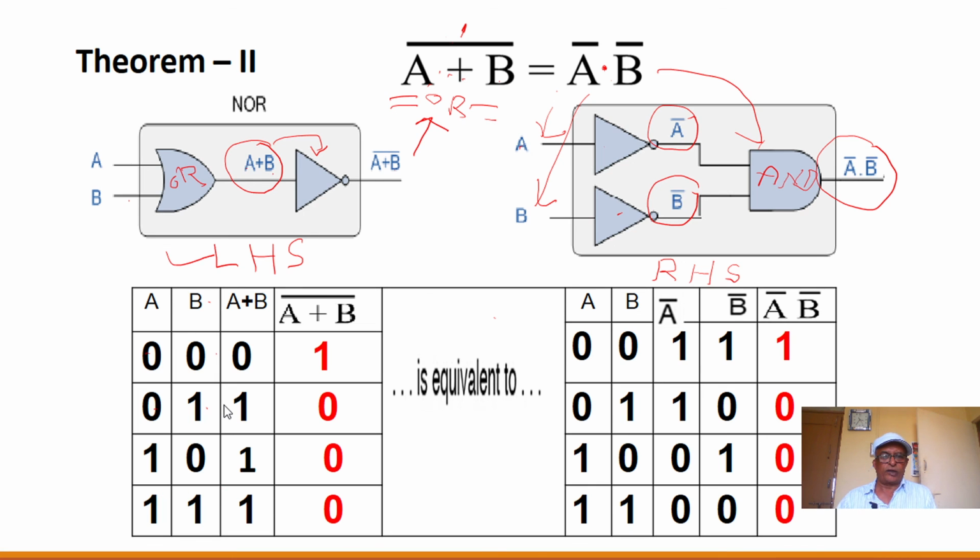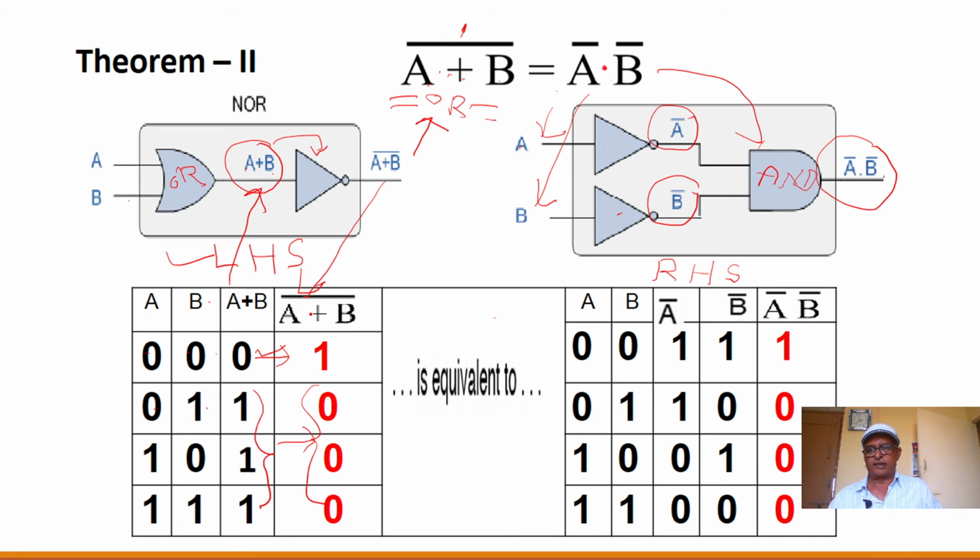Now here we want to consider the output of OR gate and it is A plus B. So if we add 0 plus 0, we will get 0, and for the remaining 3, the sum is 1, so output is 1. Now this is given as input to NOT gate, and so final output is complement here. So complement of 0 is 1, and for all these remaining, complement is 0. So this is the left hand side.